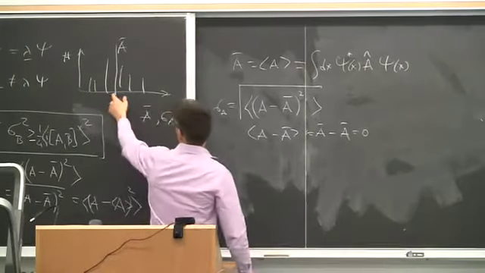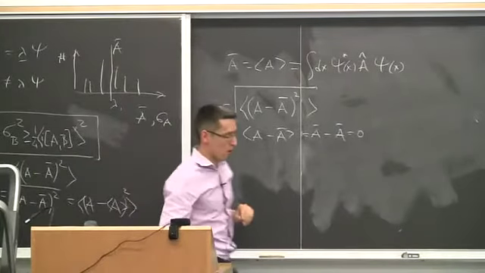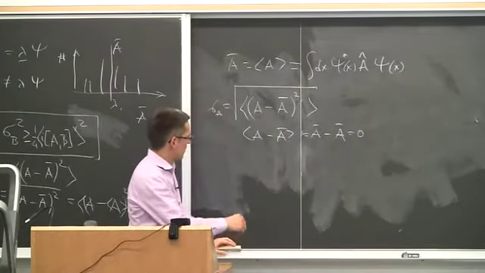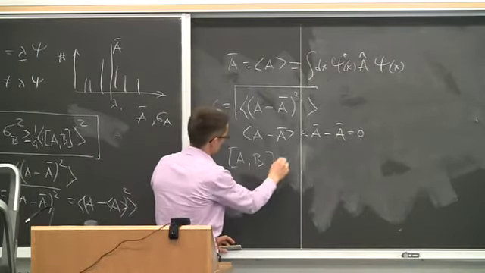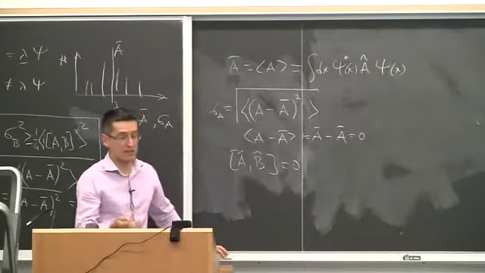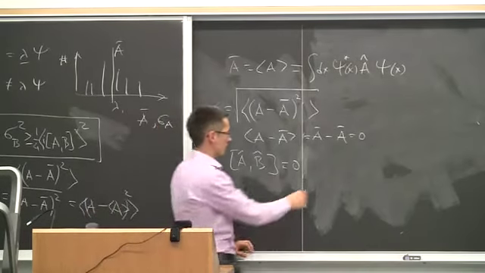Essentially how far the ends of this distribution are from the A bar. And we talked at the previous lecture that if two operators A, B commute, then you can find, and that is essential, a common set of eigenfunctions.